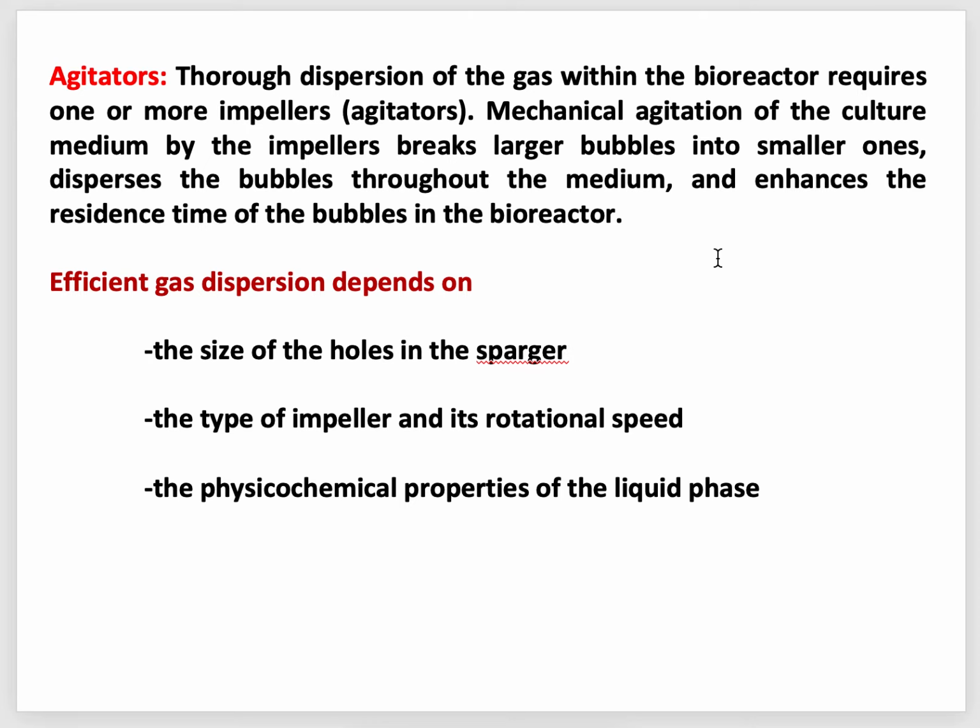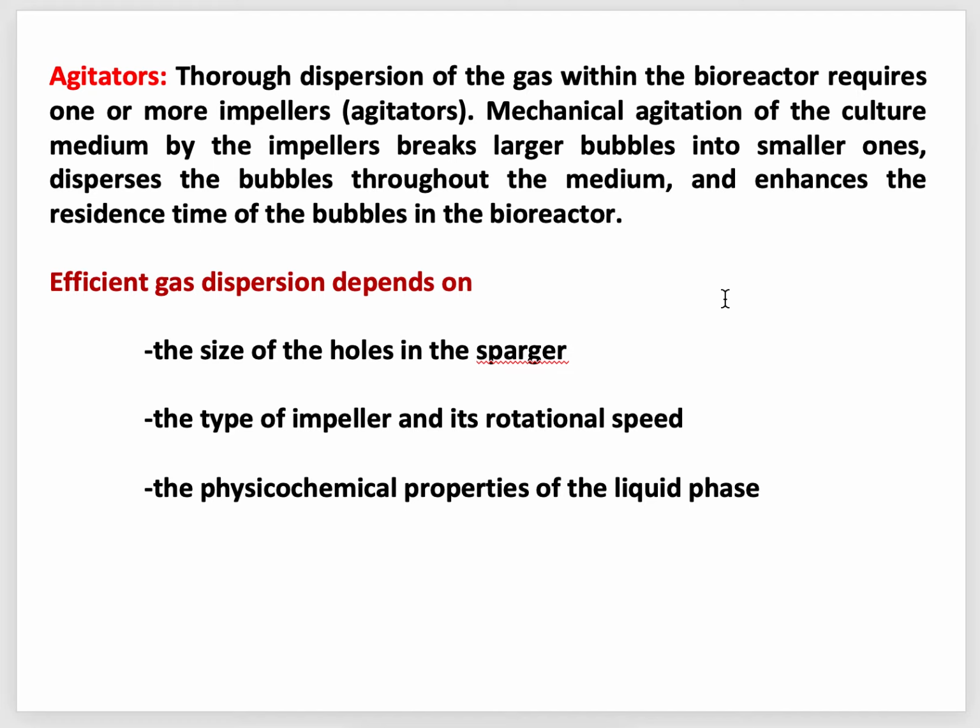What task? The impellers of the agitators break larger bubbles into smaller ones, disperse the bubbles throughout the medium, and enhance the residence time of the bubbles in the reactor. So when we introduce air into the media through the sparger, bubbles are formed. If the size of the bubbles is bigger, mass transfer will be less.